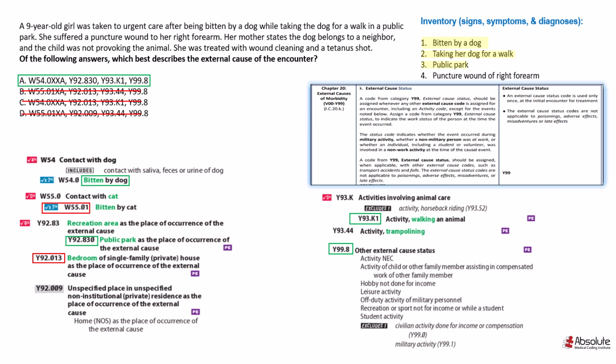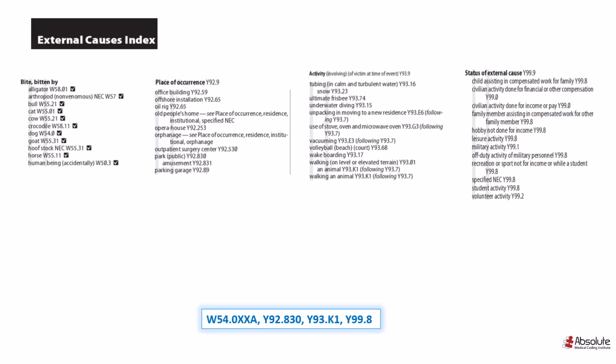Outstanding job coders. So before I move on, let me also show how to look up these codes in the external cause index. We begin with the bite by the dog. That was our external cause. So you will go to the external cause index, search for bite.